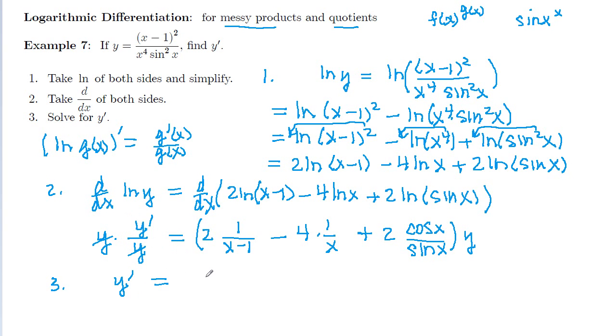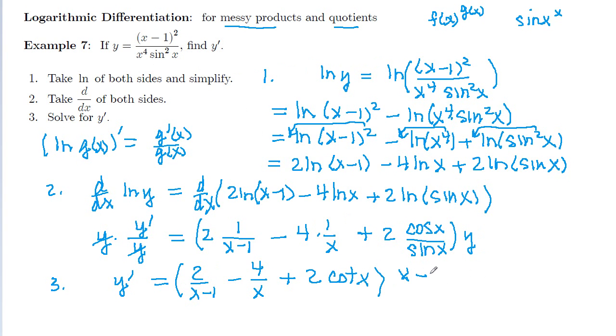On the right-hand side, let's multiply the 2 up on top, so we'll have 2 over x minus 1, and then 4 times 1 up on top, so minus 4 over x, and then plus 2 times cosine x over sine x, which is cotangent x. And then that all gets multiplied by y, which is our original function.